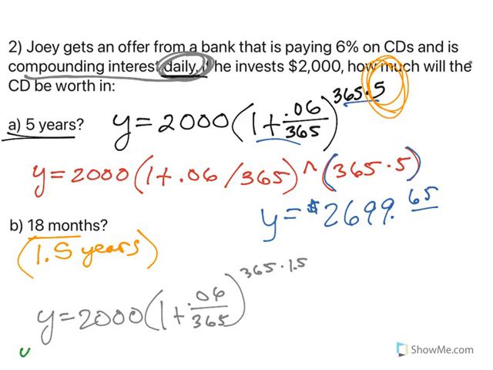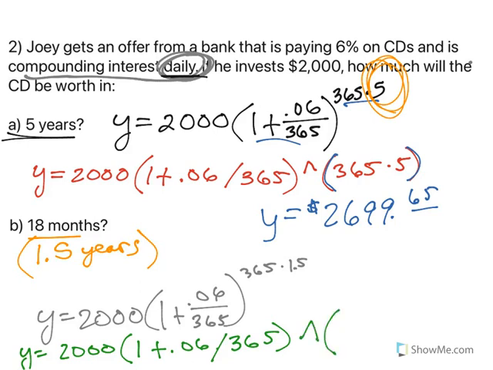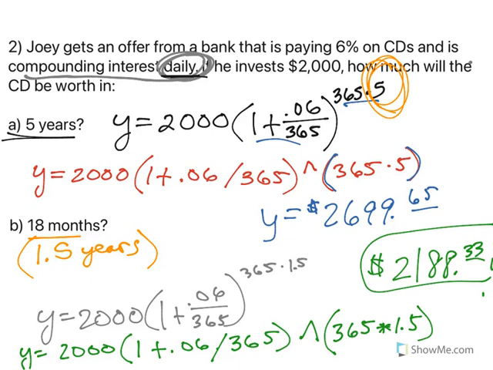If you're typing this into your calculator, 2,000, parenthesis, 1 plus 0.06 divided by 365, end parenthesis, use your caret for exponent, parenthesis, 365 times 1.5, end parenthesis. And that will give you $2,188.33. So even in just a year and a half, you've earned almost $200 in interest.